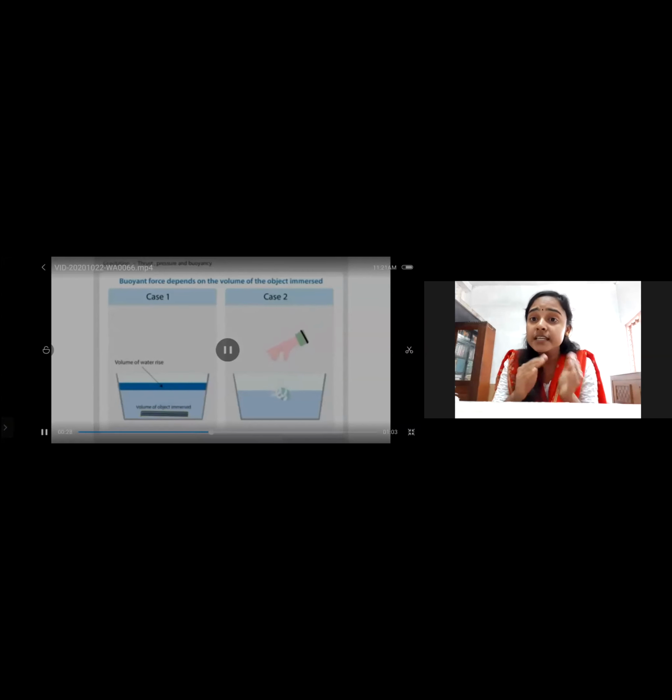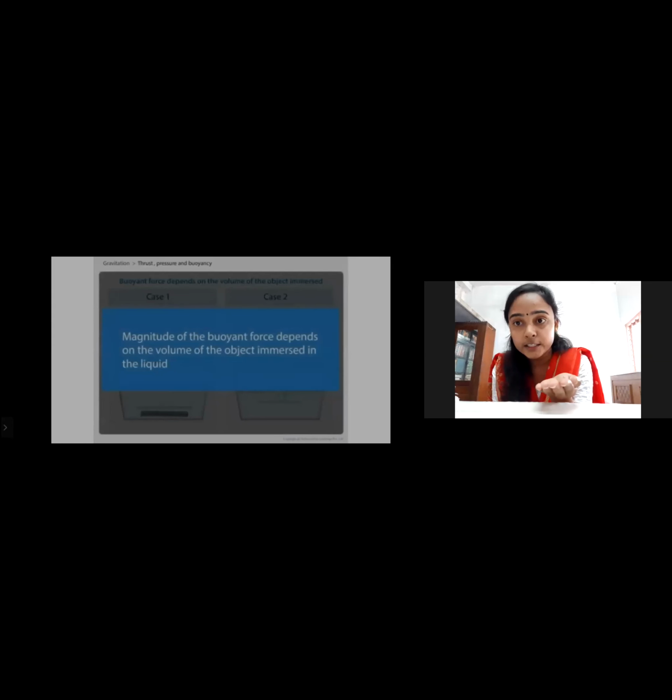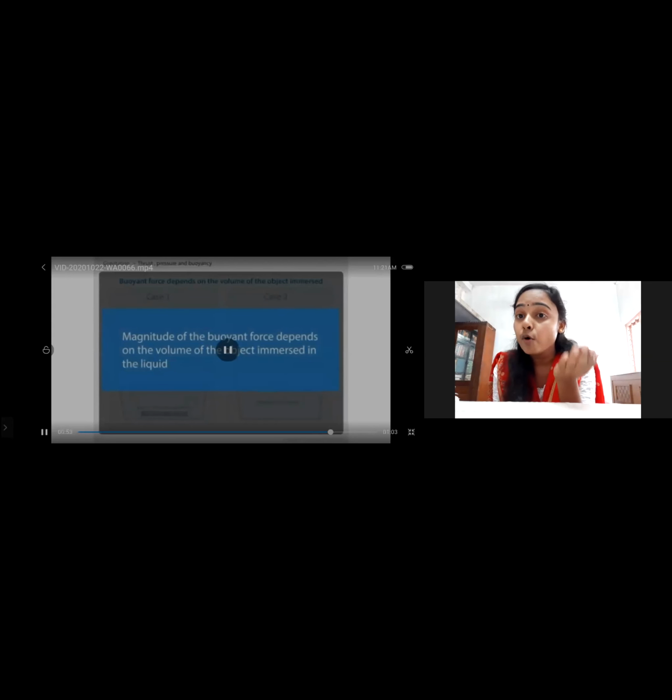And suppose instead of this iron rod, if we are immersing an iceberg, we can see it floats. And the water level that increased will be similar to the volume of the iceberg that is being submerged. And hence we can conclude that the buoyancy of a liquid depends on the volume of the object immersed in the liquid.